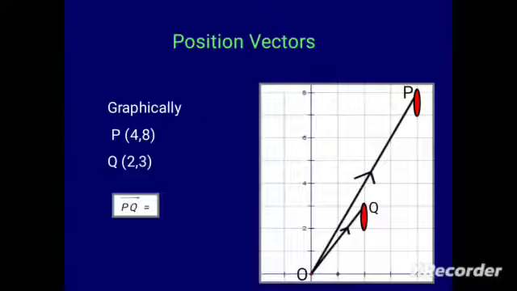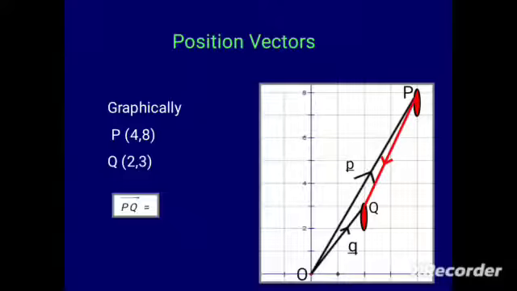We want to find vector PQ, whereby vector OP, the position vector of P relative to the origin, is small vector p, and the position vector of Q relative to the origin is small vector q.